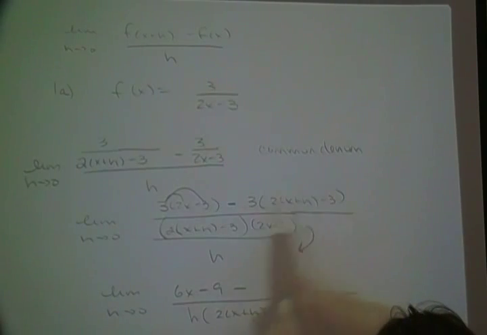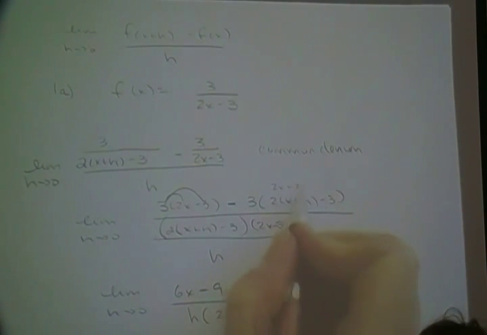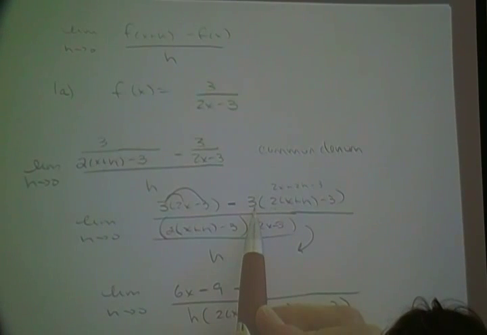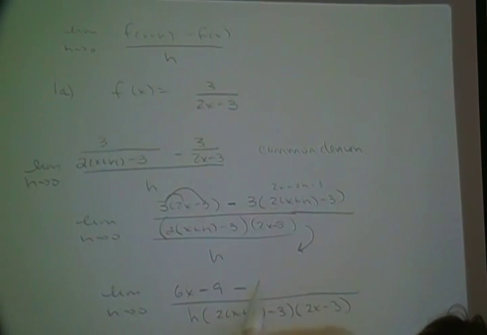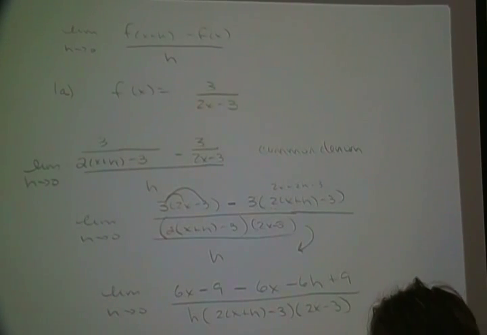So I'm going to take a minute to figure out what this is. This is 2x plus 2h minus 3 if I distribute through these parentheses. And then I've got to distribute the 3 through. So it's minus 6x minus 6h plus 9 when I distribute the 3 through and the negative.